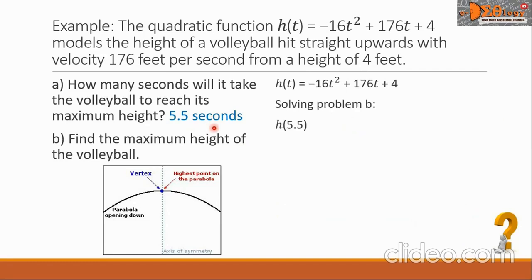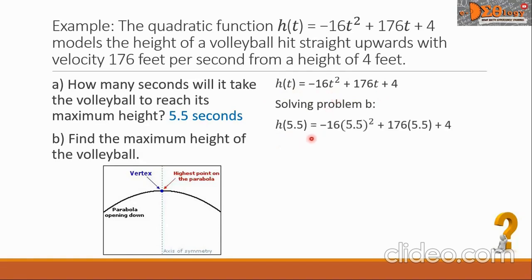Now, let us solve for problem B. In here, what we will do is to evaluate our function using the value of t that we solved from A. So this is h of 5.5. Let us now evaluate our function, and every time we have t variable, we will change it to 5.5.